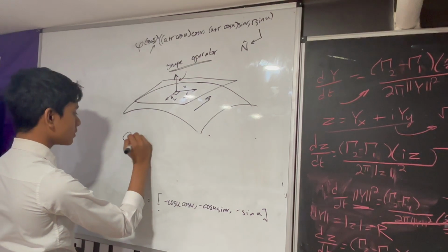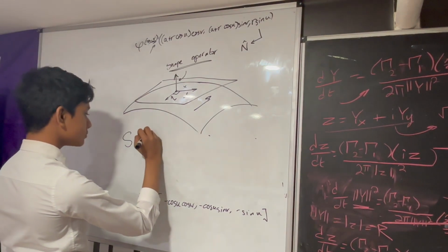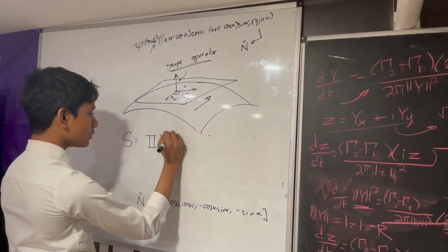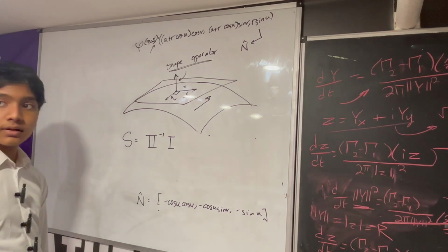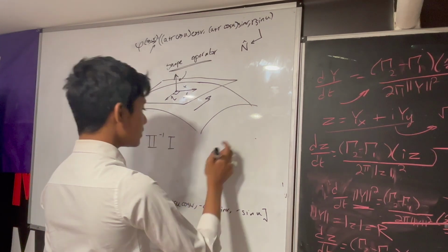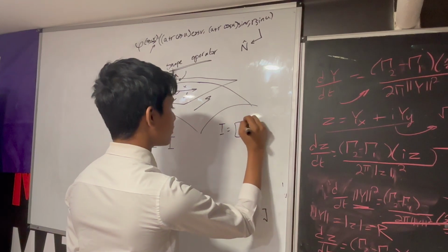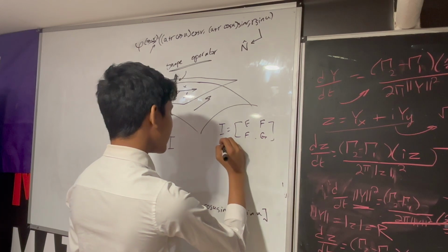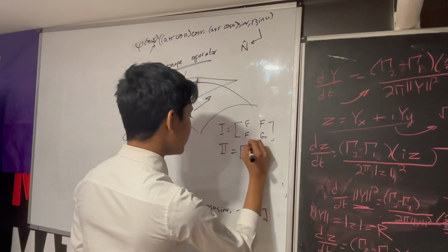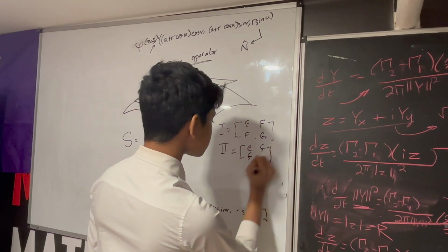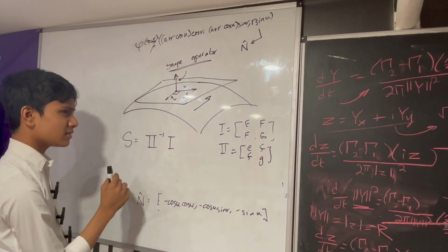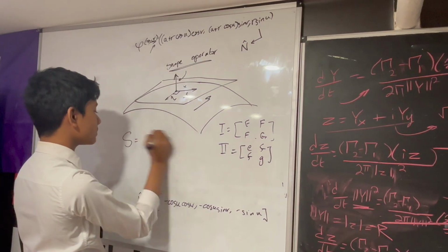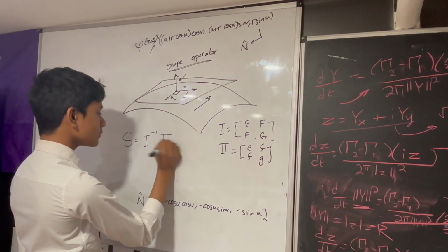Well, this is just going to be equal to the inverse of the first fundamental form multiplied by the second fundamental form. Recall that the first fundamental form can be written as E, F, F, G, and yes, all of those are scalars. The second fundamental form can be written the same way. Oh, no, the first one that's inverted, multiplied by the second one.